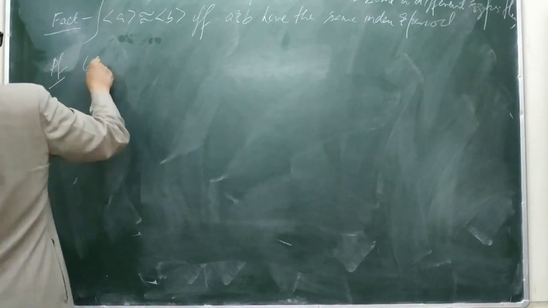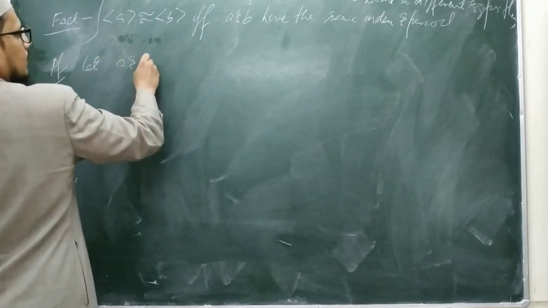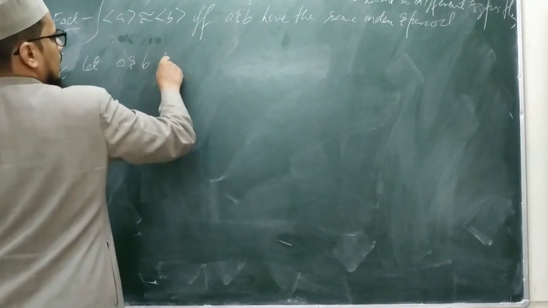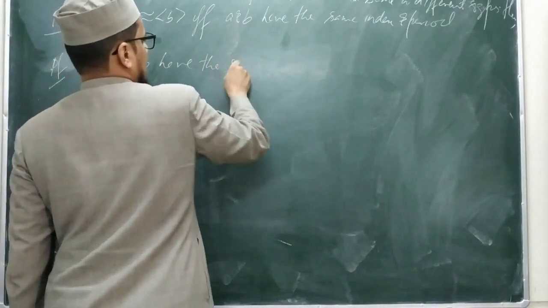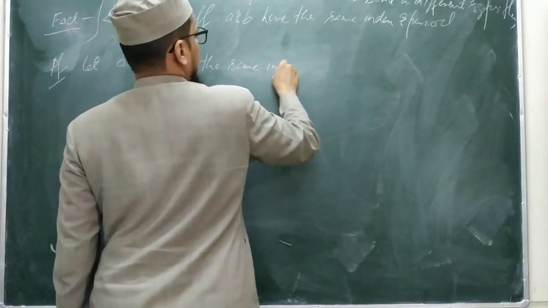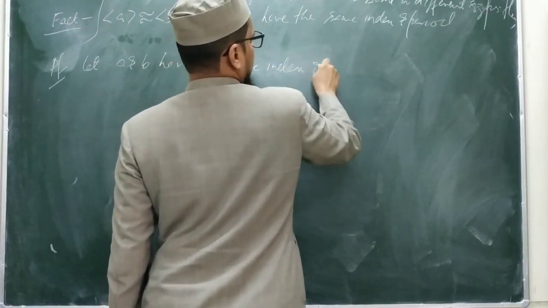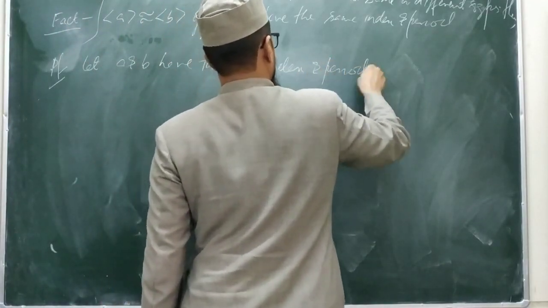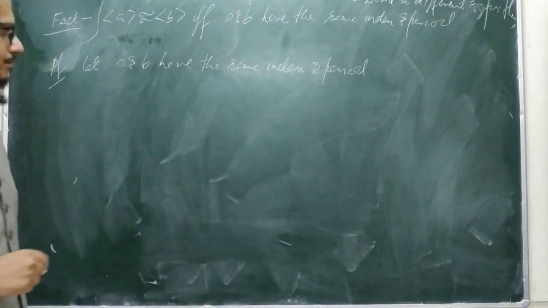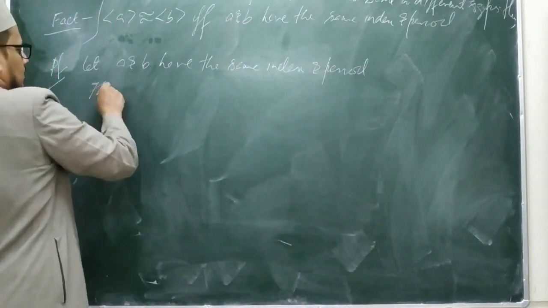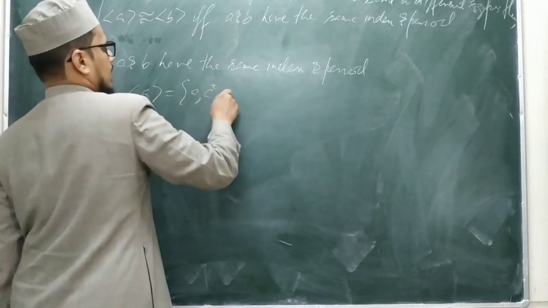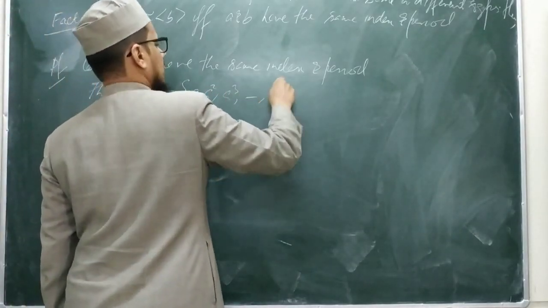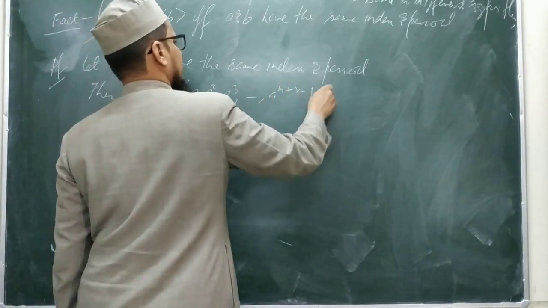Let A and B have the same index and period. Then A is what? A, A squared, A cubed, and so on, up to A to the power m plus r minus 1.